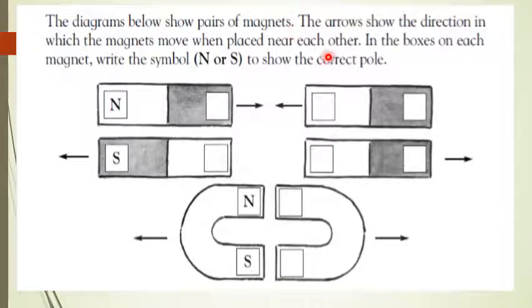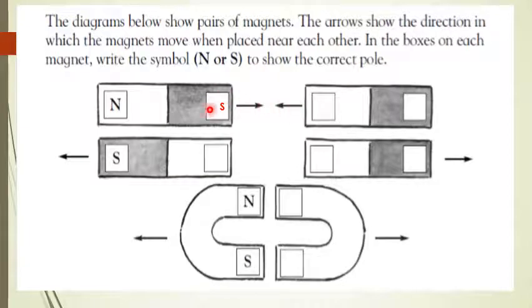So now I have two arrows in the first one, and the two arrows are showing that the magnets are getting attracted to each other. They are coming closer to each other, or they are sticking to each other. So this means that at the beginning, if this is the North Pole, then this is going to be the South Pole of the magnet.